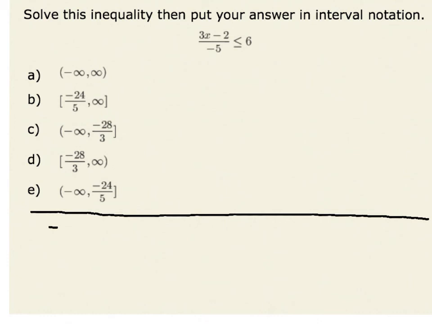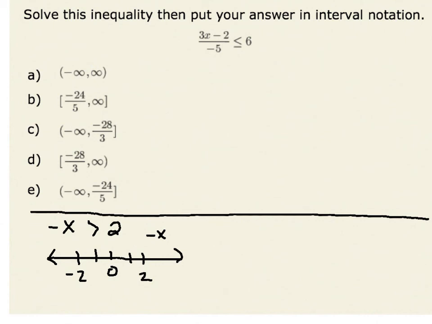If I want the opposite of x to be greater than 2, on my number line, this would mean I would pick all values such that the opposite of x is greater than 2. I want to know what this means in terms of just x.